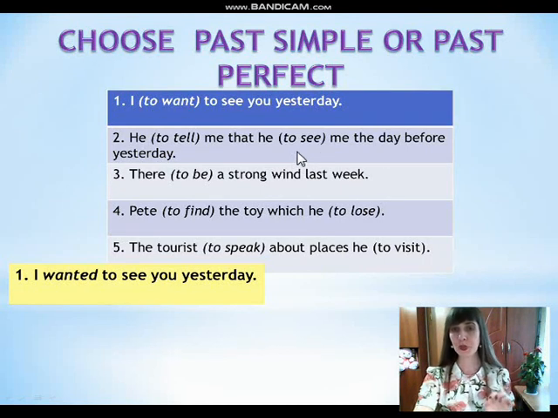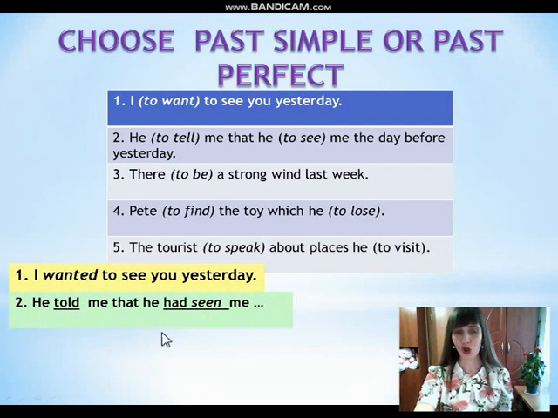So, the first past action is the past perfect tense. The second past action is the past simple tense. Okay? And think about this. Think about the correct answer. I'm waiting. So, the correct answer is, he told me that he had seen me. The first action in the past perfect. The second action in the past simple.